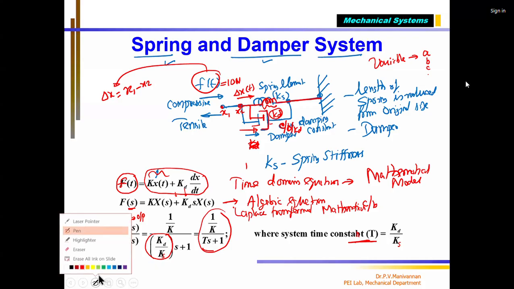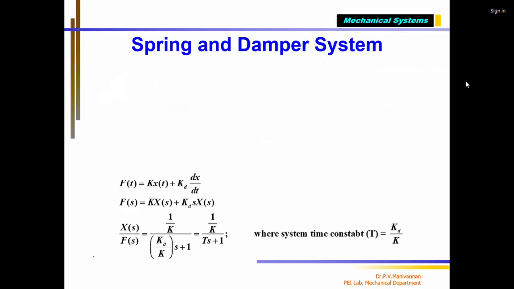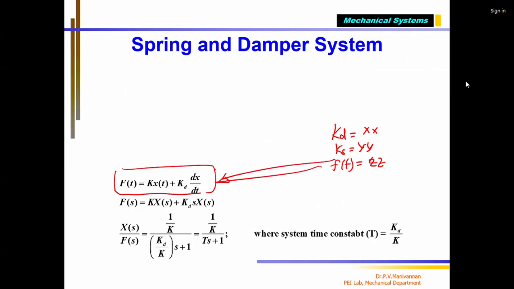Okay. Now in the exam, sometimes you will be given the KD value, XXX, and KS equal to YYY, correct? And when I give F of t equal to ZZZ, some value, you will be asked to write the mathematical model of this system as a time domain equation, and convert into Laplace domain and find the transfer function.